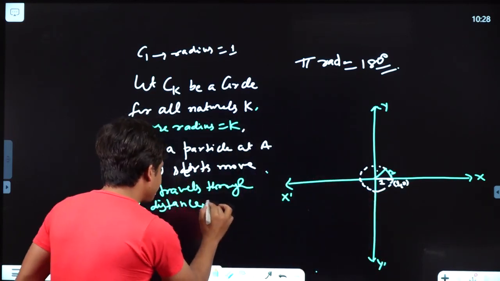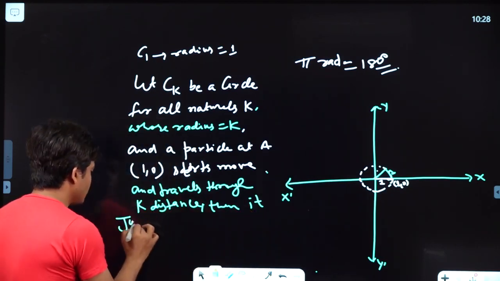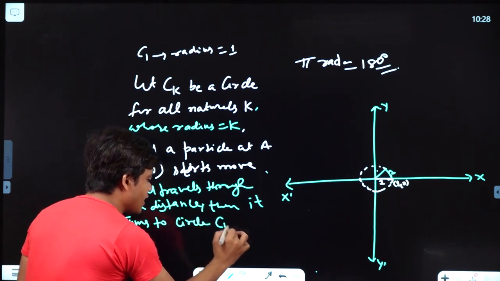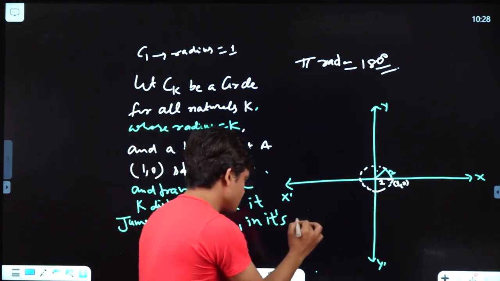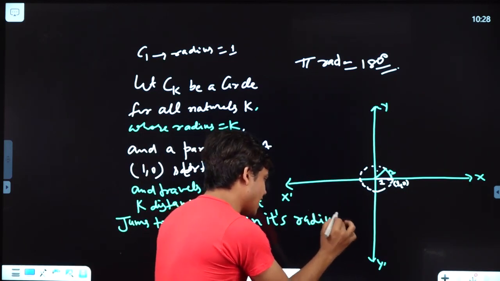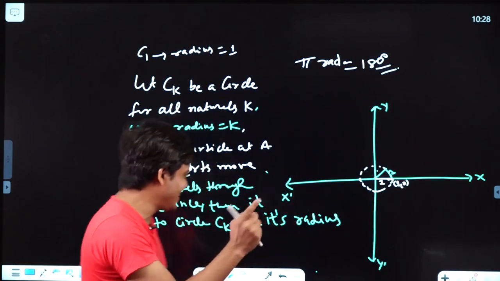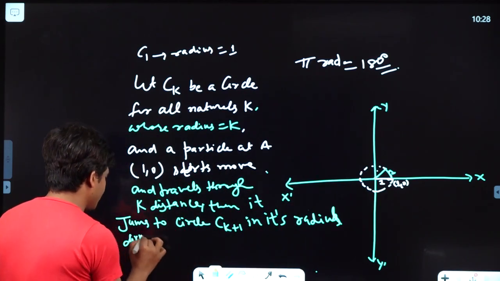And then it jumps to circle C_(K+1) in its radial direction. What does that mean?